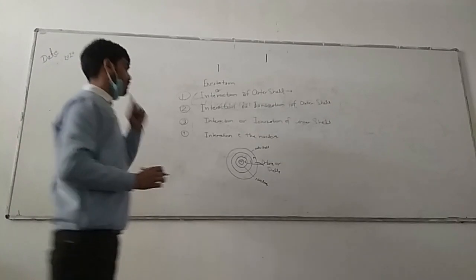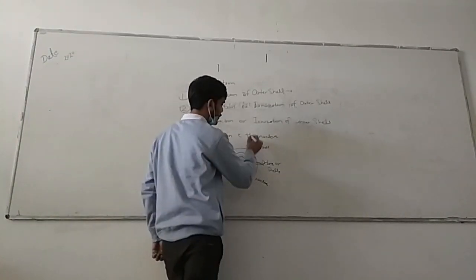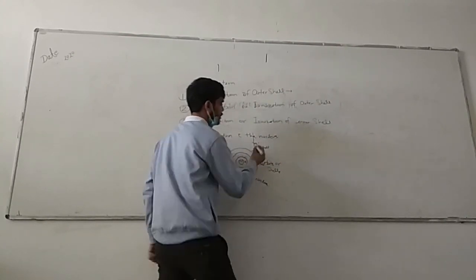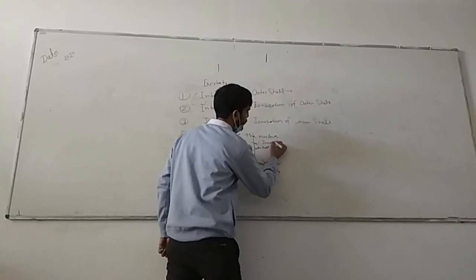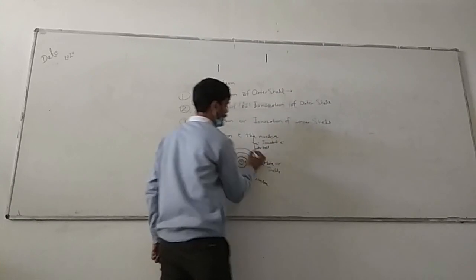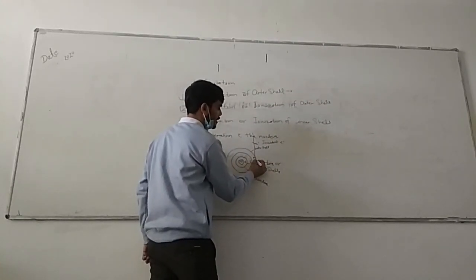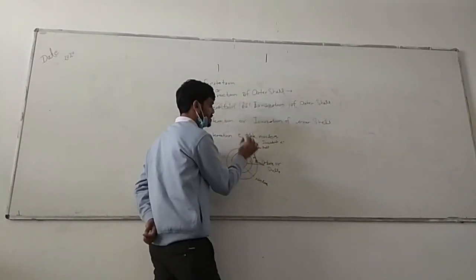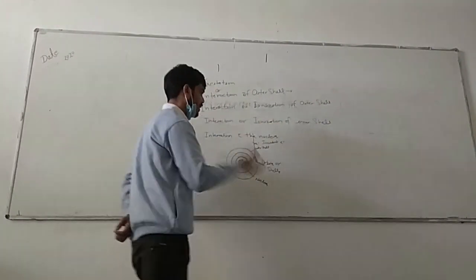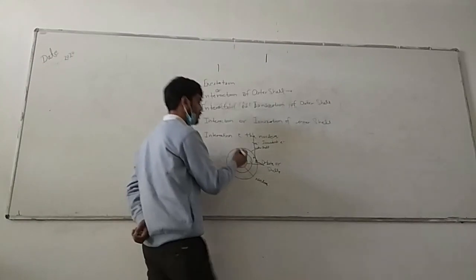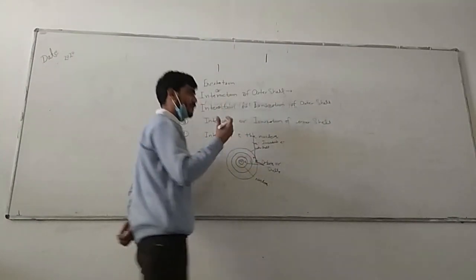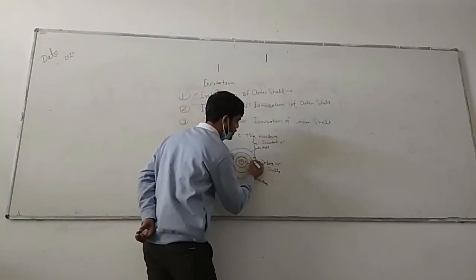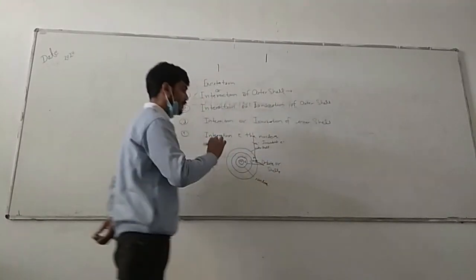So, in this process, the incident electron interacts with the outer cell electron, and the incident electron gives some amount of energy to the outer cell electron, and after getting the energy, the outer cell electron will get excited and goes to the higher energy level.